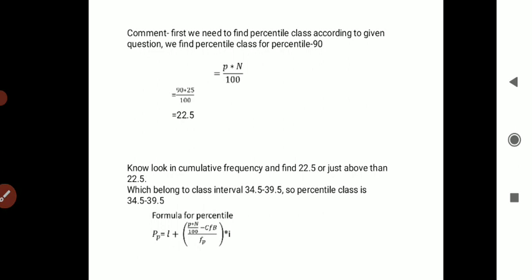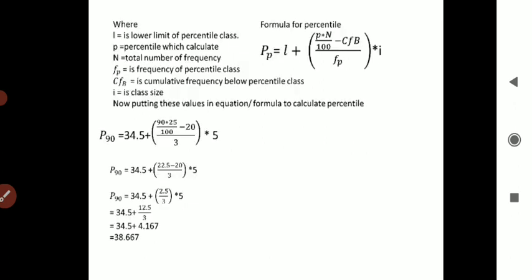Now this is the formula to calculate percentile. Let us understand these terminologies. Here in the formula, L is the lower limit of the percentile class for which we have to calculate the percentile.